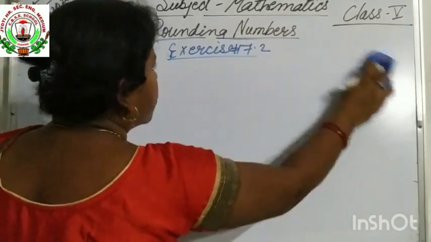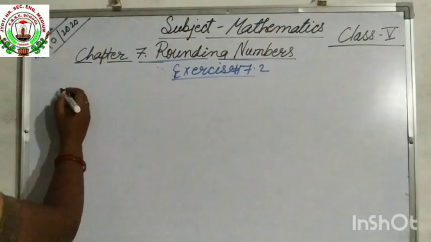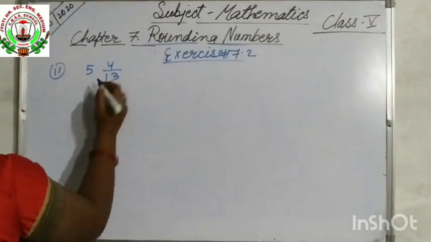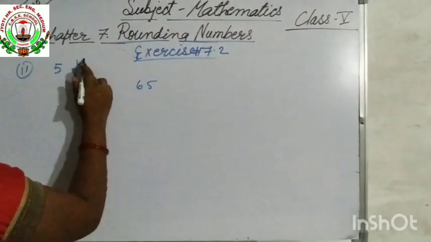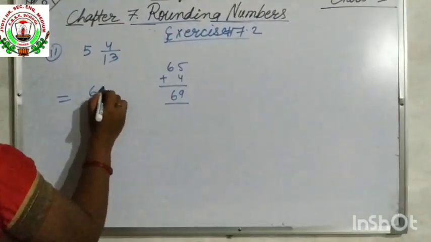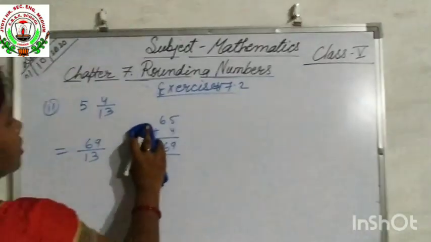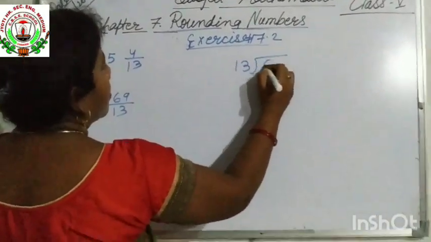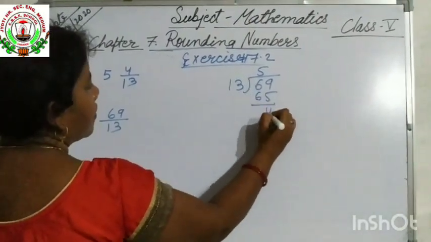Now next we will see that is question number 2. It is your last question. 13 times 5 is 65. 65 plus 4 is 69. So 69 by 13. Now you will divide this 69 by 13. 13 times 5 is 65. 9 minus 5 is 4.